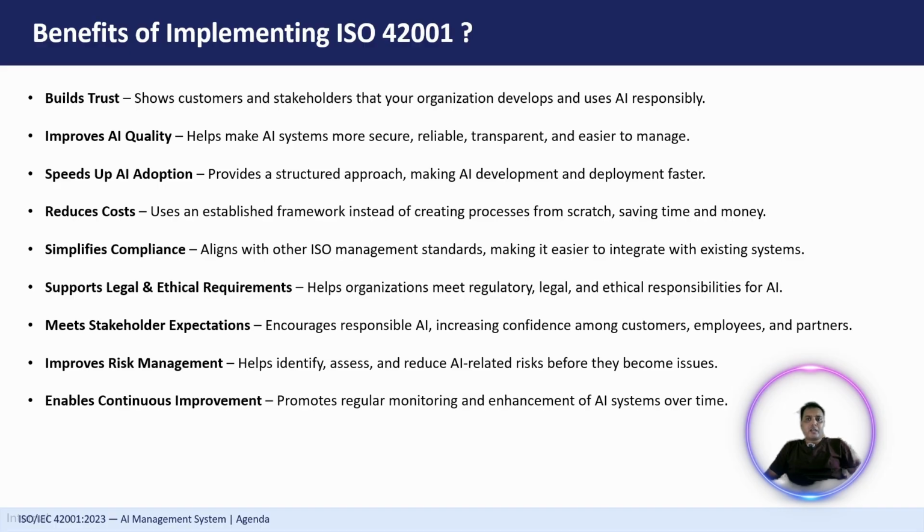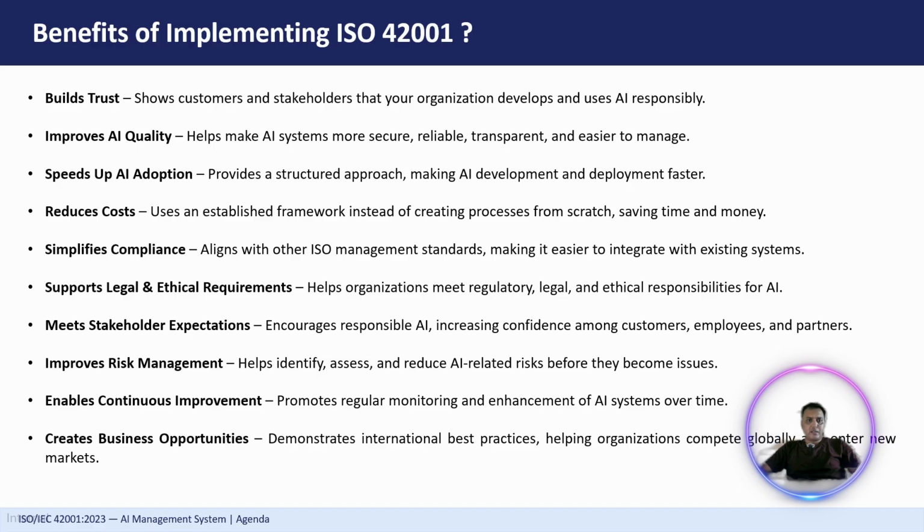Organizations regularly review and improve their AI management system, ensuring it remains effective, secure, and aligned with changing business and regulatory needs. By continuously reviewing your AI systems, you make sure they are effective, secure, more reliable, and aligned with your business and regulatory requirements.